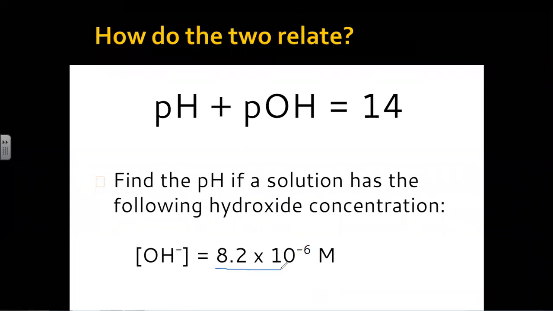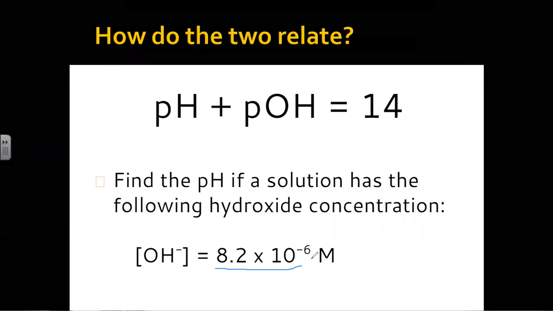I'm going to annotate real quick so we can figure that out. This number right here, once again, you plug that into your calculator. So we're going to type in negative log, and then I usually like to plug in my numbers as a raw number rather than saying 8.2 times 10 to the negative 6 because it's easier for me, but you can still type that in as scientific notation on a scientific calculator, and that should work.